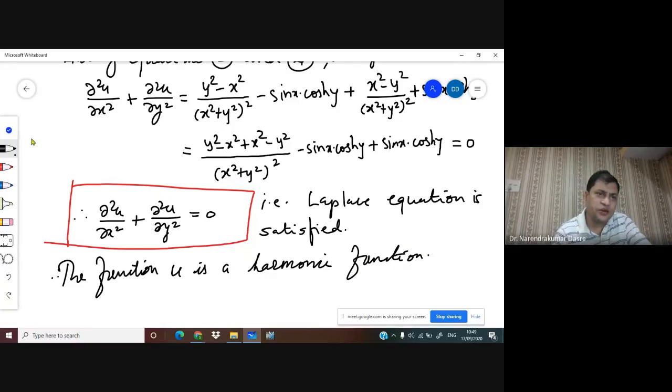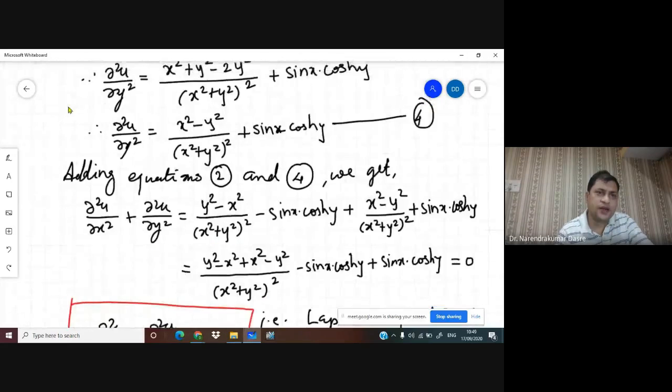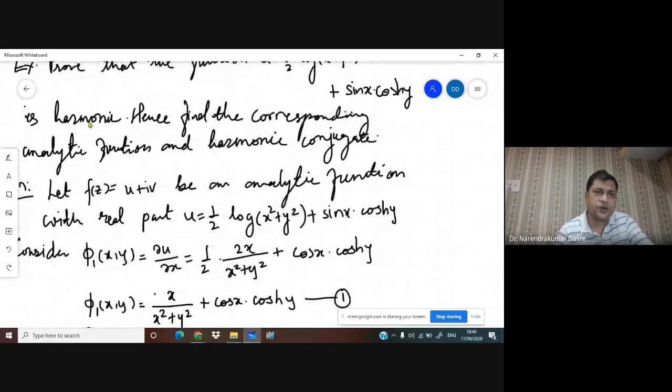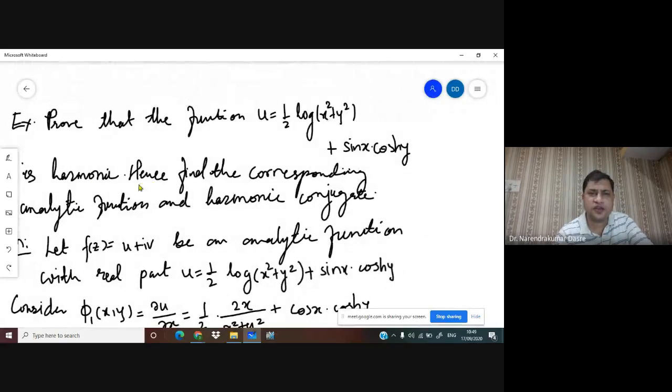Now we are done with the first part of the example, where we wanted to show that this is a harmonic function.